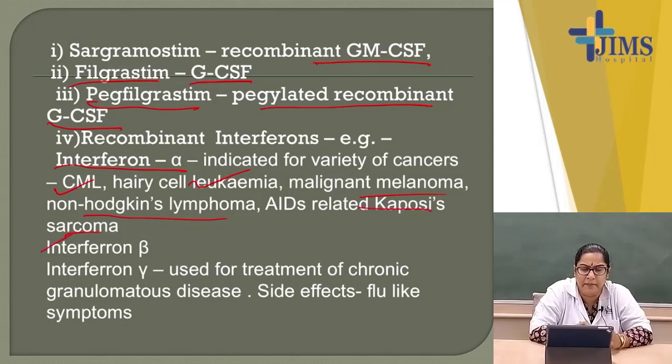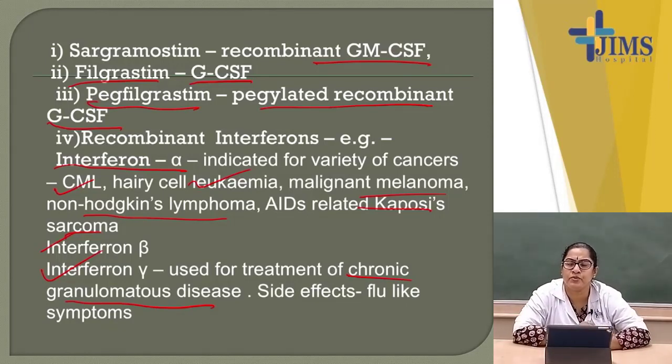So, interferon alpha has many different types of uses. Interferon beta has limited use. Interferon gamma is used for the treatment of chronic granulomatous disease. Side effects may be flu-like symptoms. So, these are the immunomodulators.